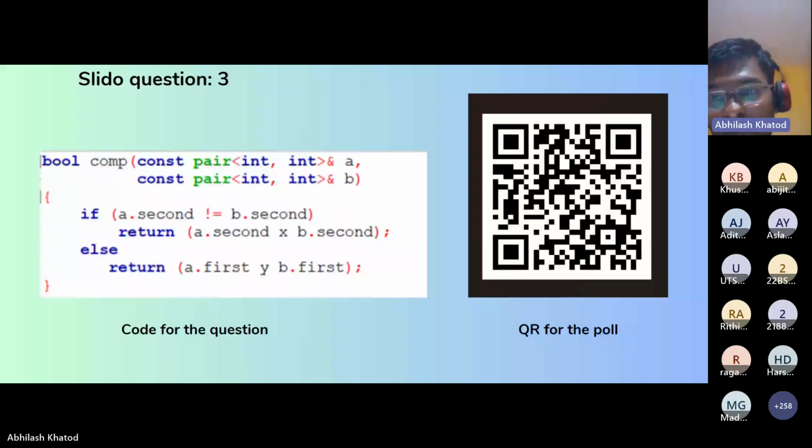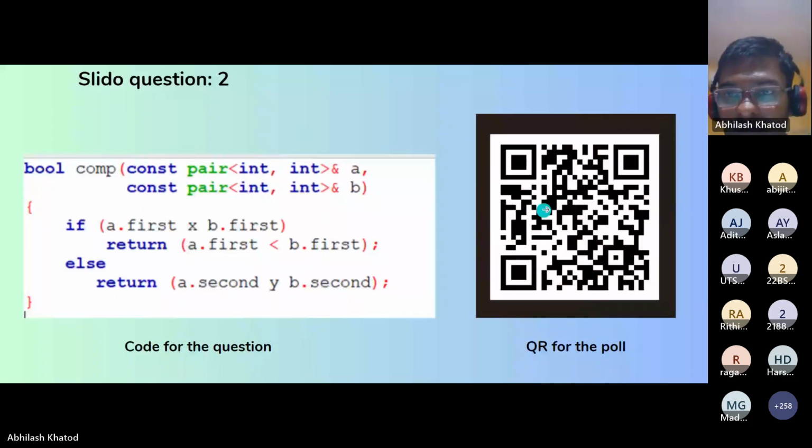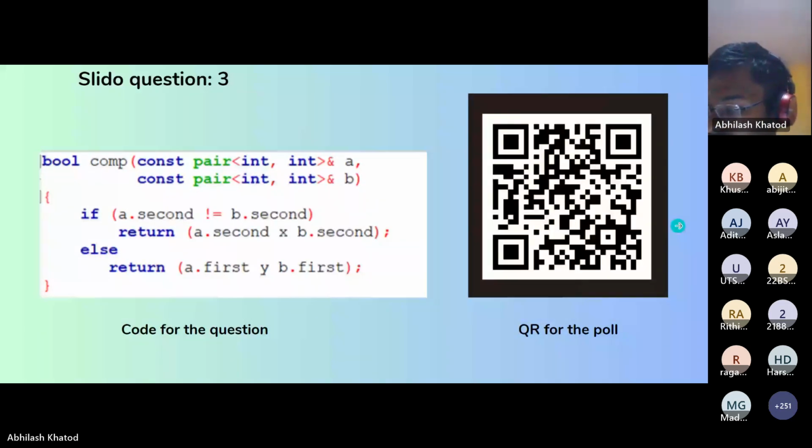Only 75% of people have marked the answer correctly. Okay, so there's a third question coming up. Try to maximize the correct answers. Be quick, guys.